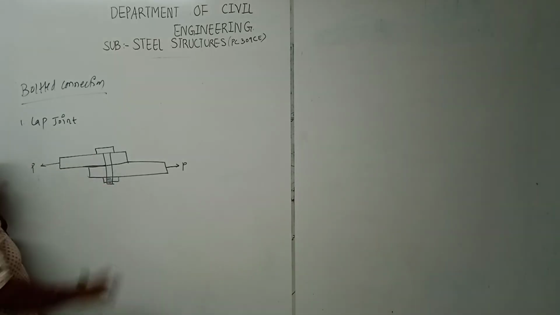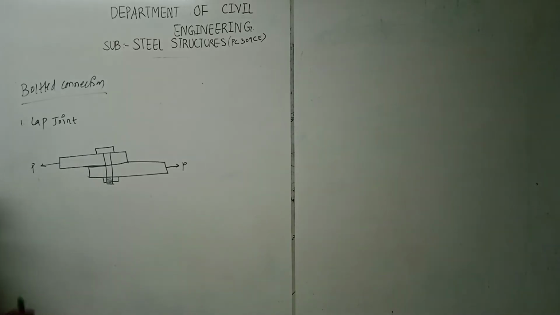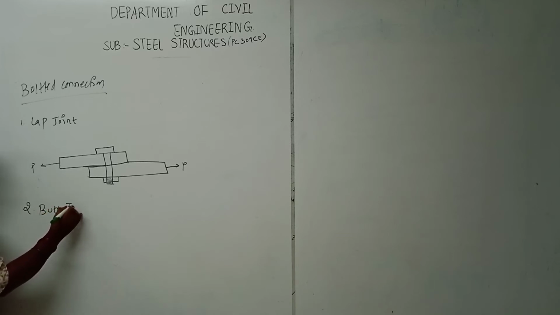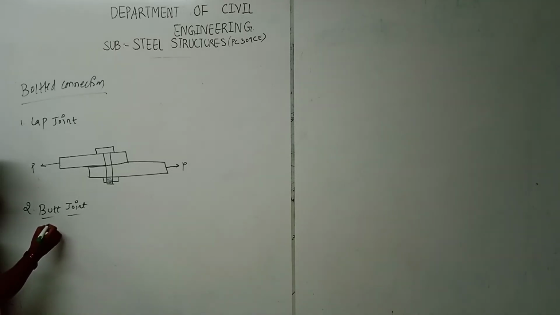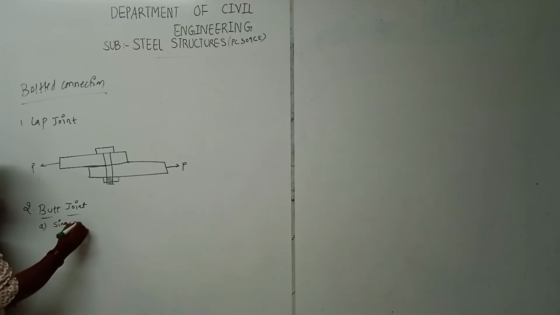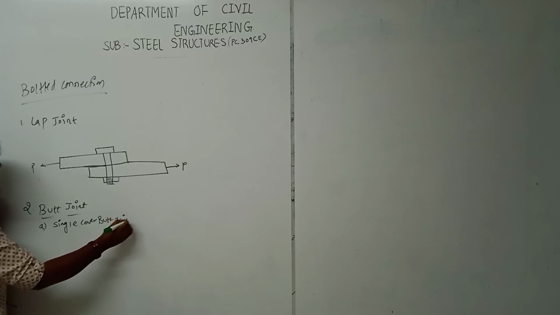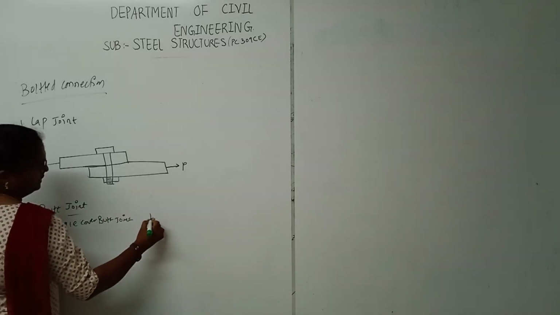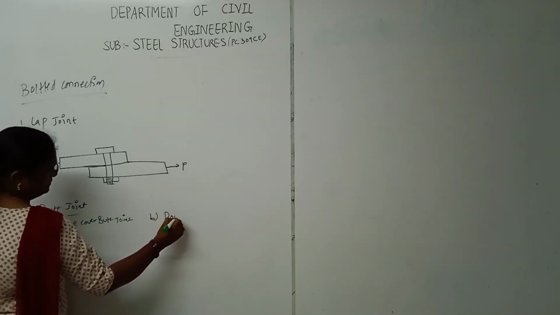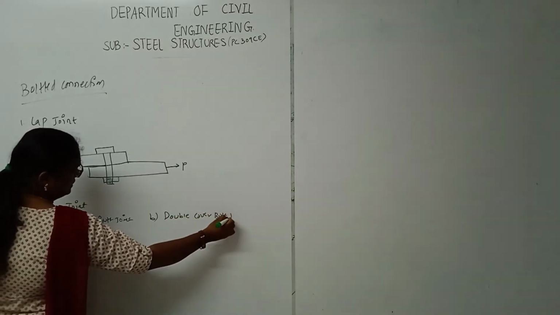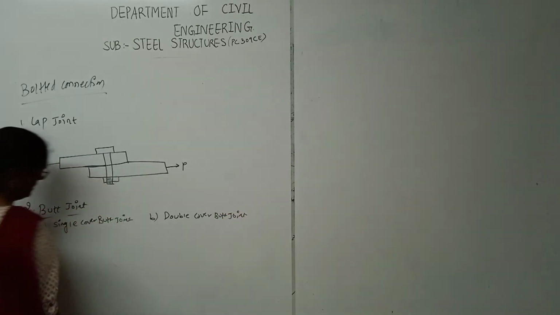This is lap joint. Next one is your butt joint. Under butt joint you have single cover butt joint and double cover butt joint.